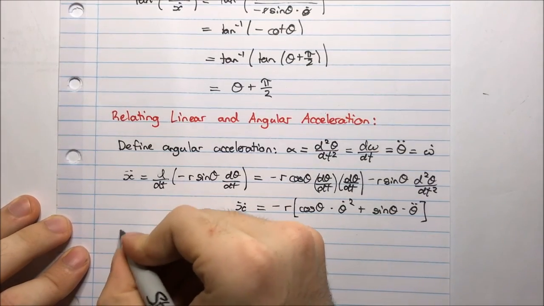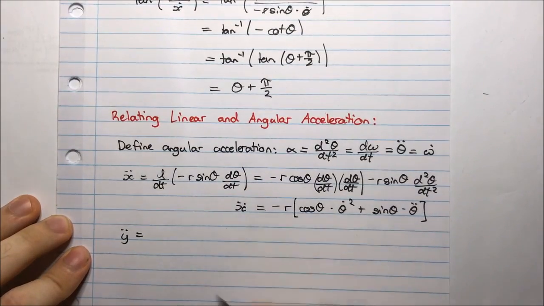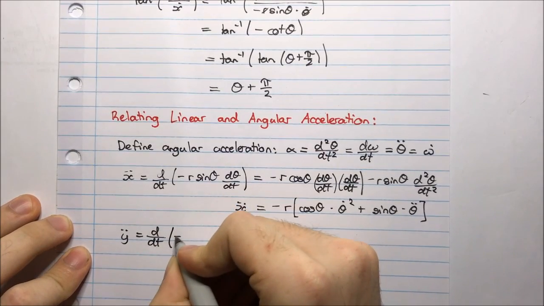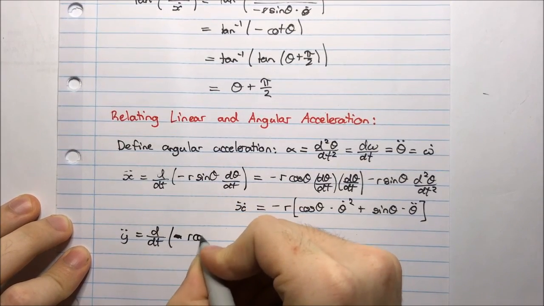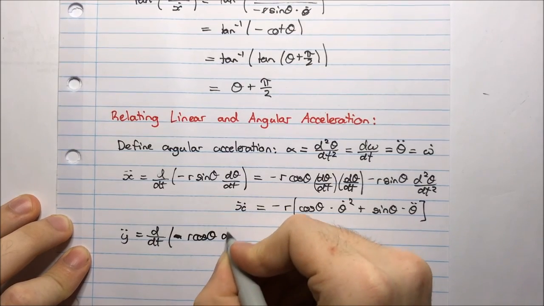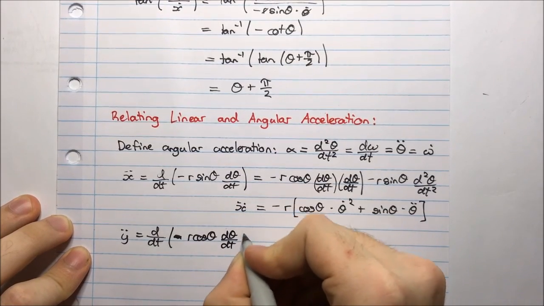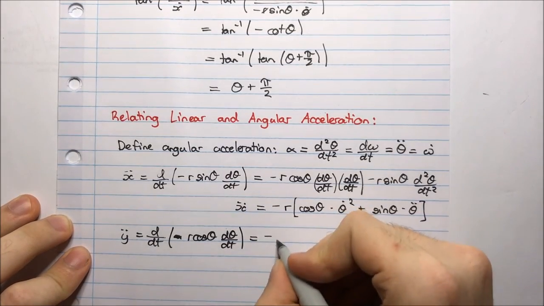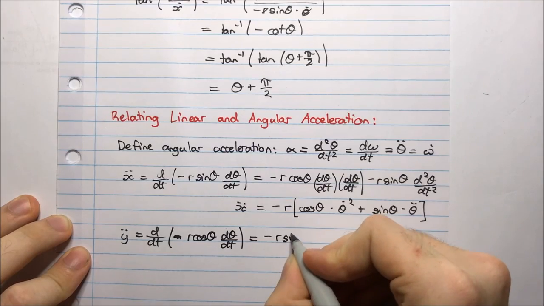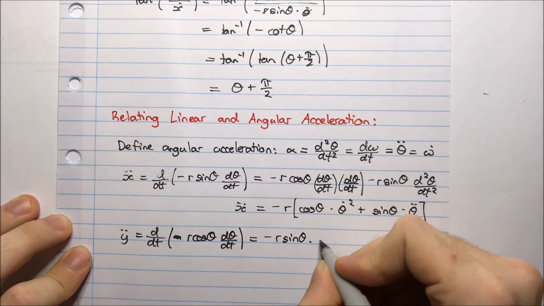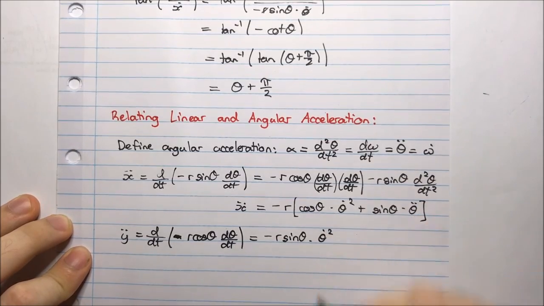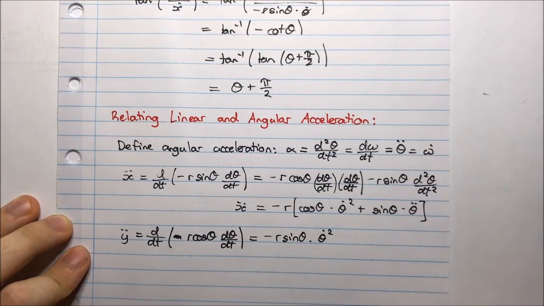And what about my y double dot? Well, that's equal to the derivative of y dot with respect to time. So no negative, it's positive cos theta d theta on dt. And that's equal to, differentiating the first with respect to time will be minus r sine theta times by d theta dt, or theta dot. And what's this? This is also theta dot, so there's a squared.